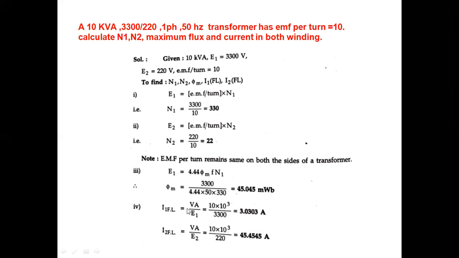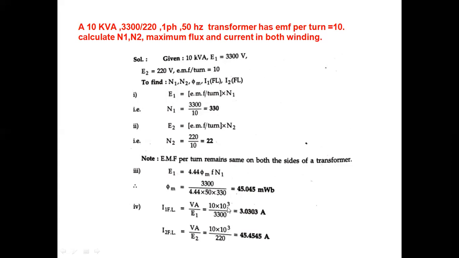Now to calculate current we can use the relation between voltage induced, current and rating of the transformer. So this is the relation. Either we can say VA equal to V into I or E into I, or we can say kVA equal to VI by 1000. So here we have to convert the given kVA 10 into VA form.